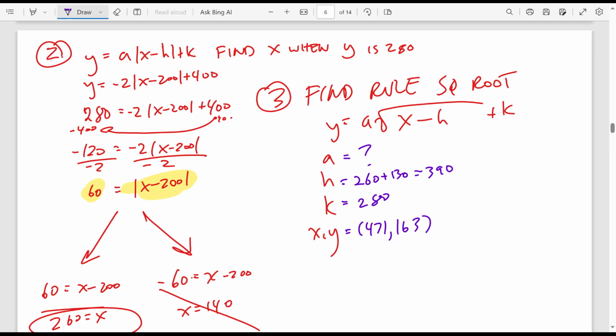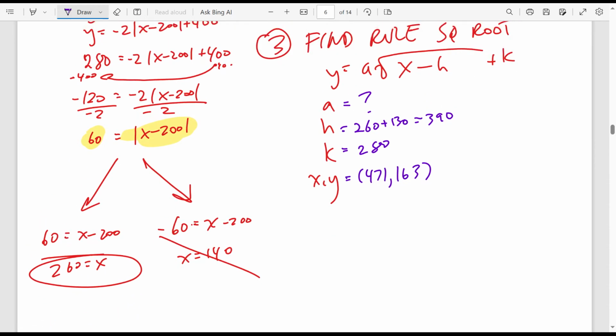So now I can plug all of that into the square root function. The 163 is equal to a, my only unknown, times the square root of 471 minus 390, plus 280. And then rearrange and solve for a.